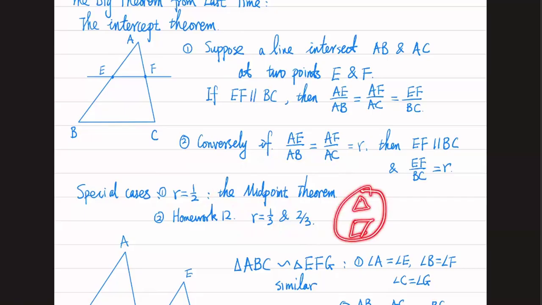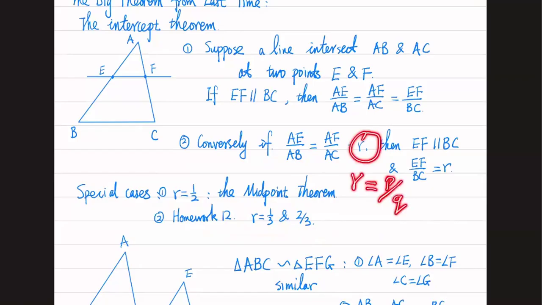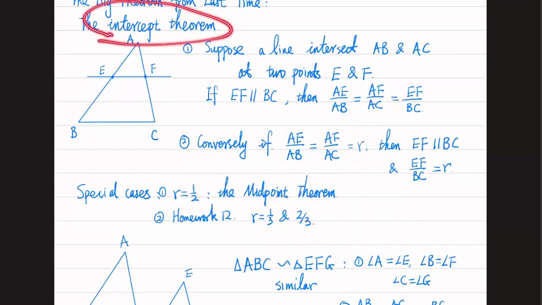The properties of these two to establish this homework problem. And we can generalize this to all rational numbers. If this is a rational number, the same argument works. We can use congruent triangles, parallelograms, to prove the intercept theorem for rational ratios.